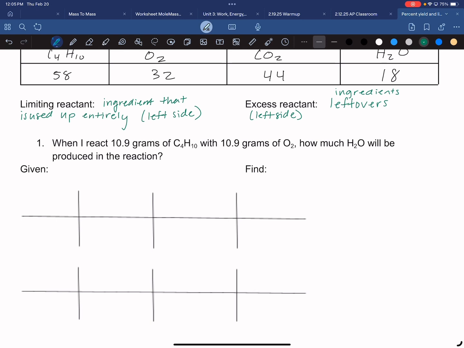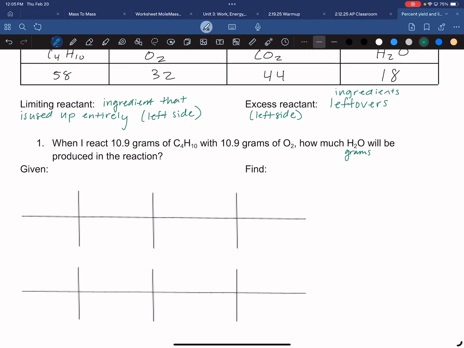So how does that apply to our questions? Our question states for number 1, when I react 10.9 grams of C4H10 with 10.9 grams of O2, how much H2O in grams, I forgot to write that, will be produced in the reaction? So right off the bat, let's just identify what are we given. 10.9 what?